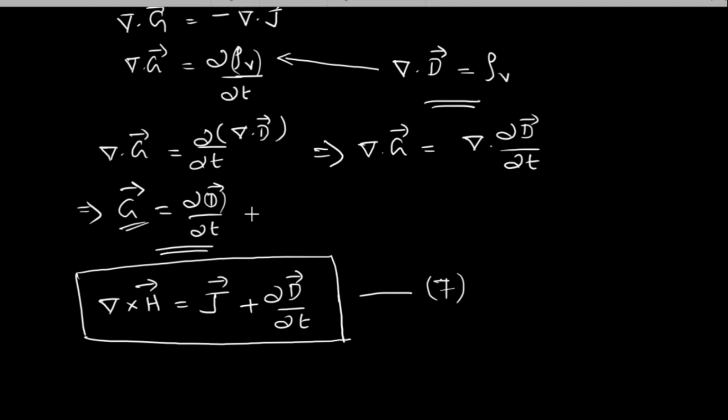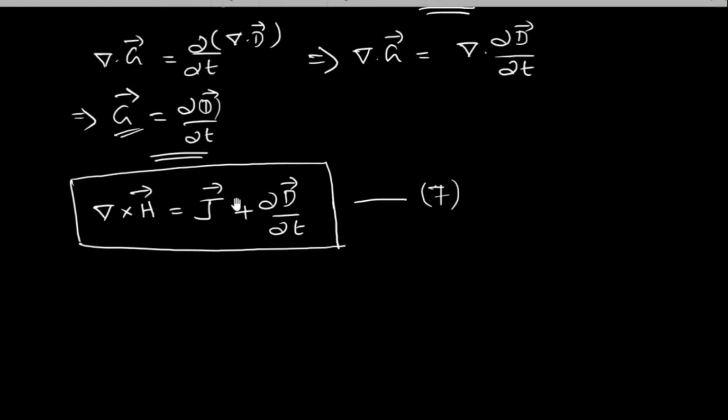Now it is also better to know that this term partial D by partial t, which is nothing but our G vector, the unknown term, is known as displacement current density.